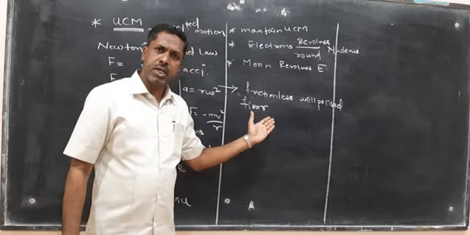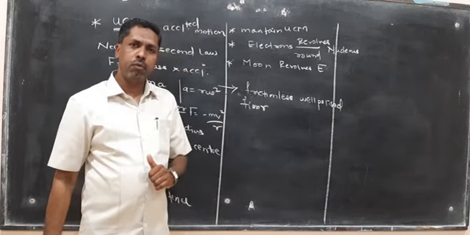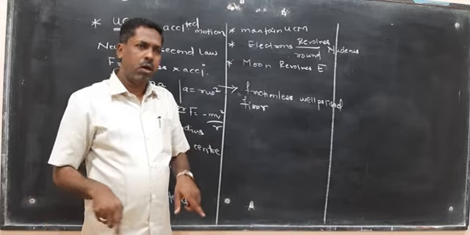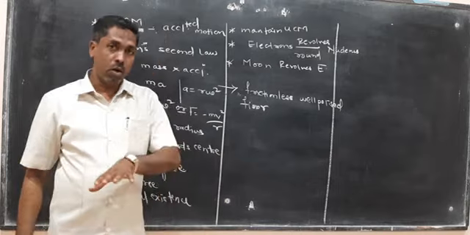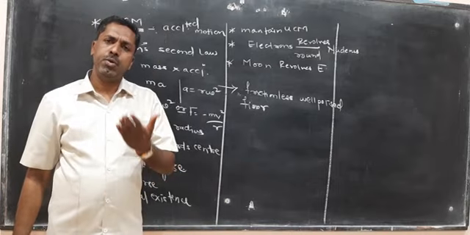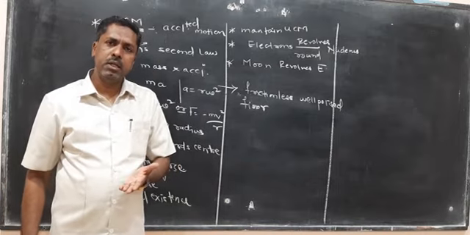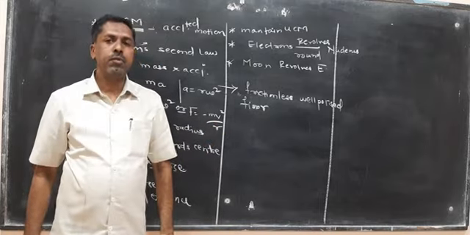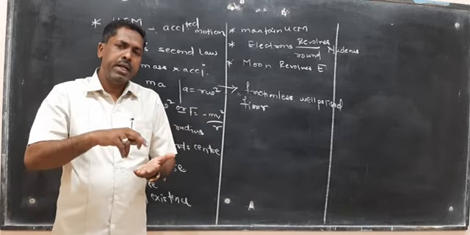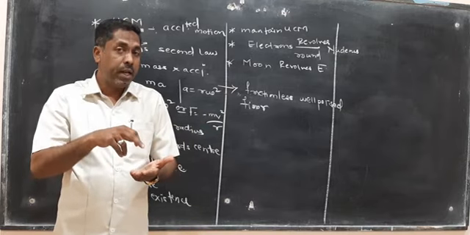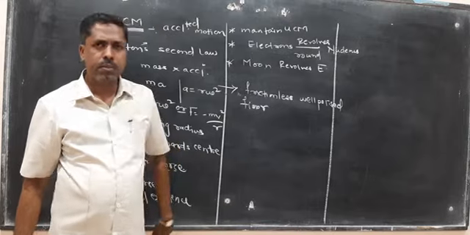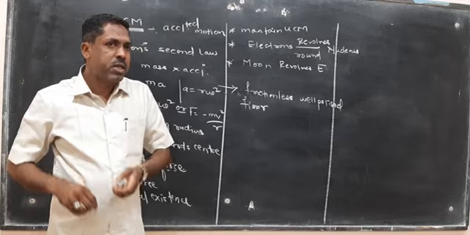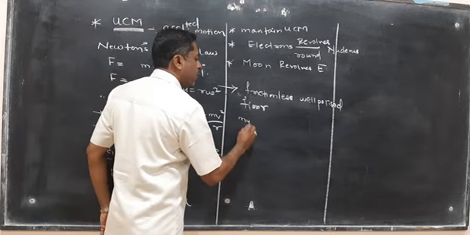There is a frictionless, well-polished floor which is kept on a horizontal surface. And if you and your friend reside on the polished floor and it starts revolving, what happens? You and your friend will experience a mysterious force.